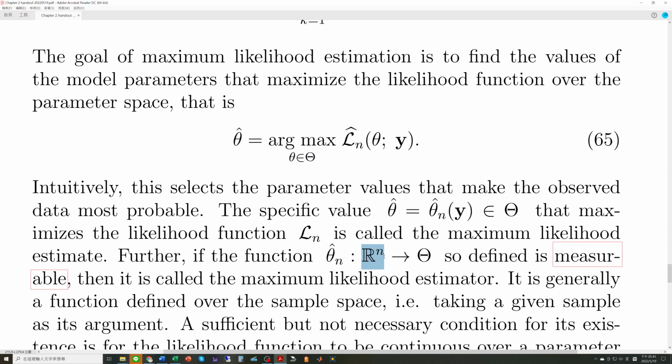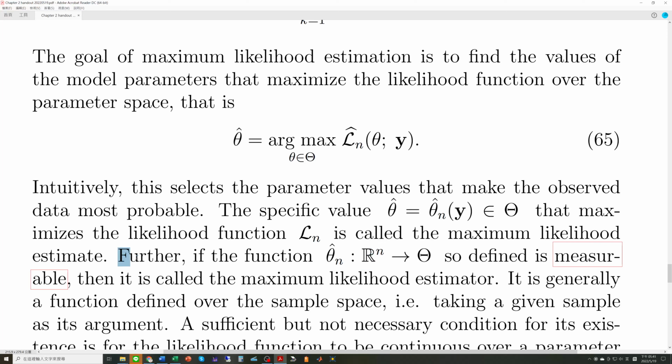Then what is Rn, or more exactly, R to the power of n? It means the n-dimensional real vector space, and I think you already know that R is the set which contains all real numbers.